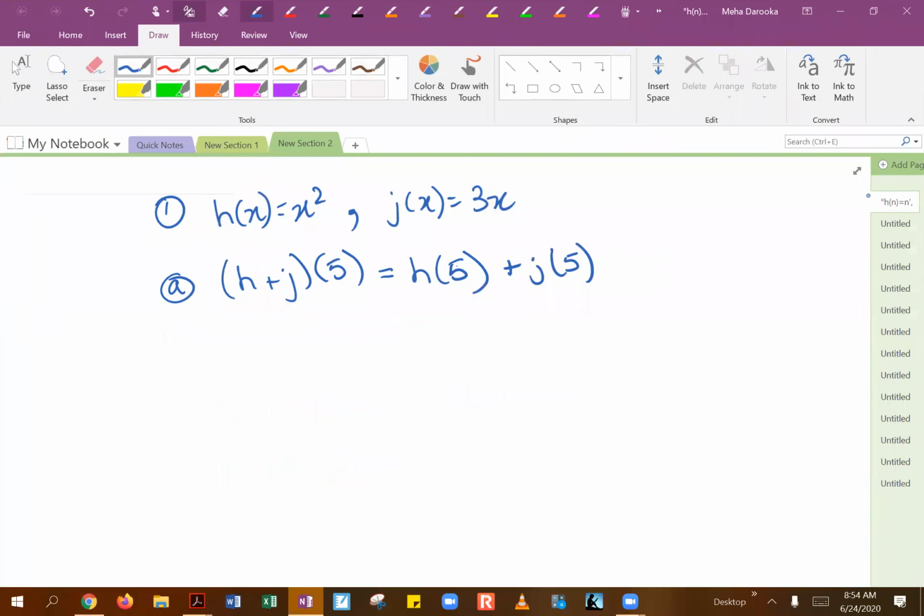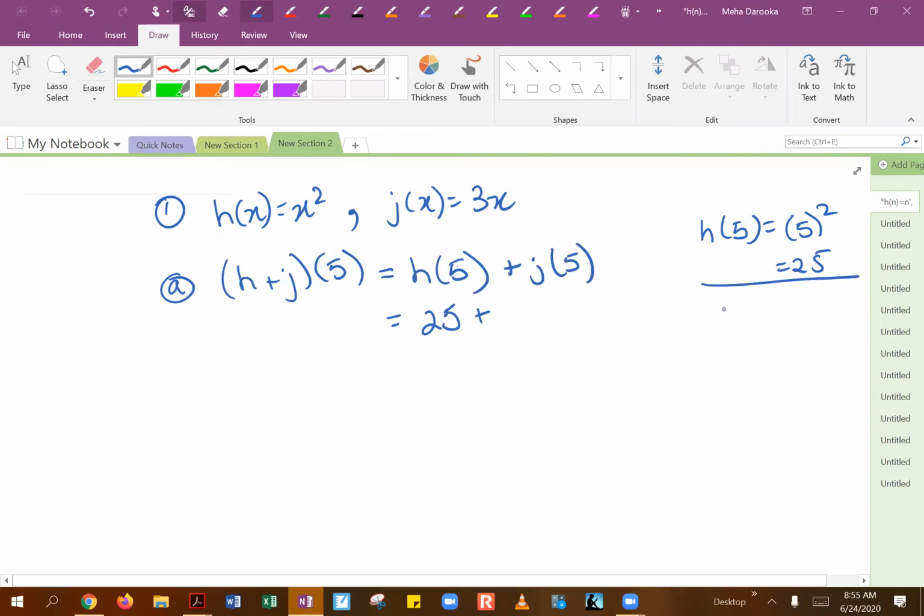So when you have h at 5, what will that answer come out to be? Because h of 5 means, h, remember, is the x squared function, so that means we will be doing 5 squared. So what will that end up giving us? Yeah, very good, 25, which means you're going to be using that answer 25 over here.